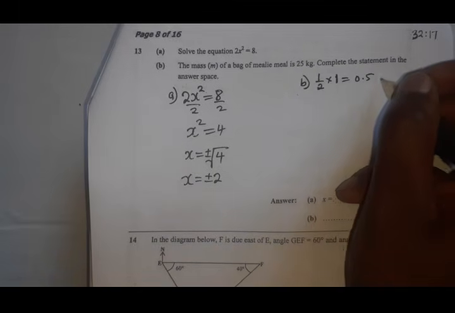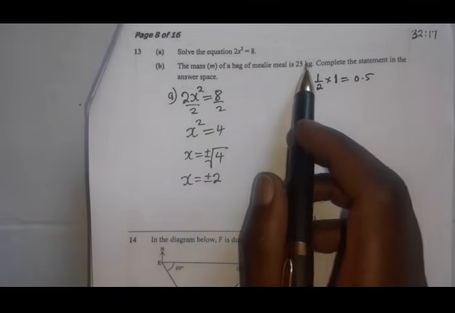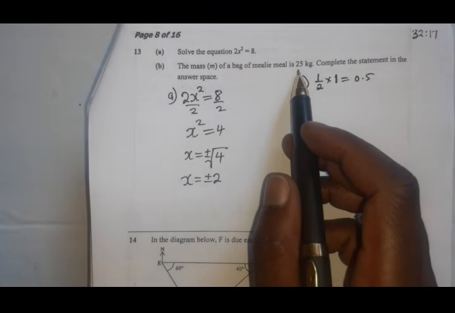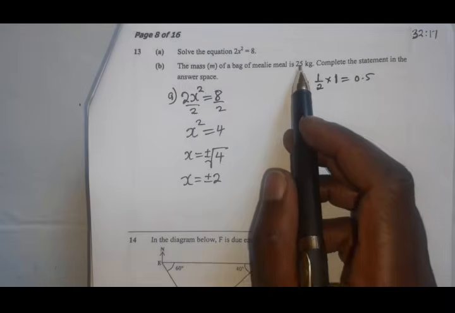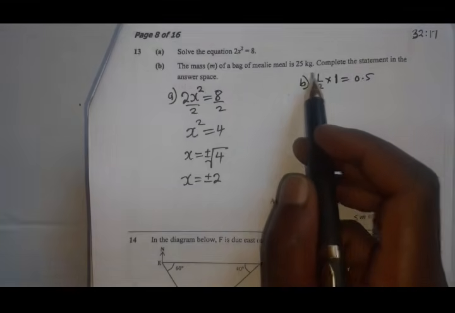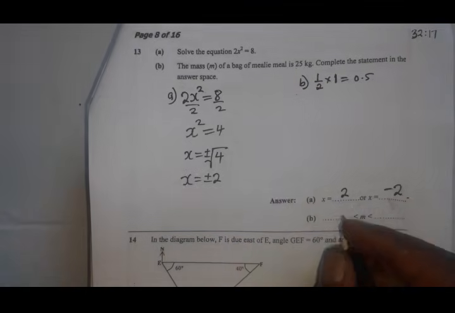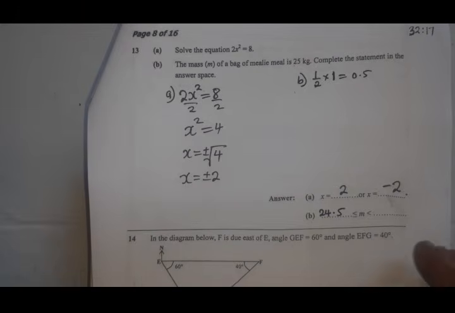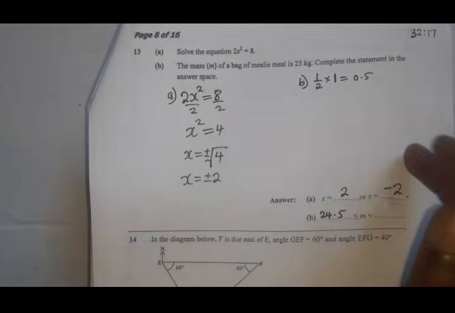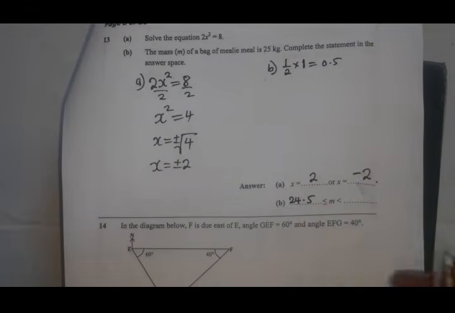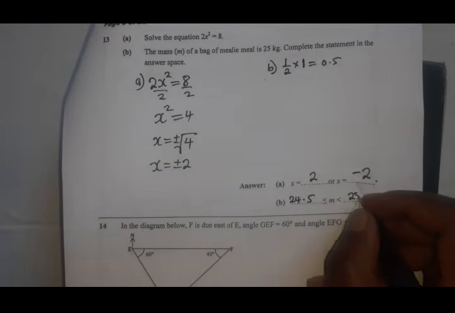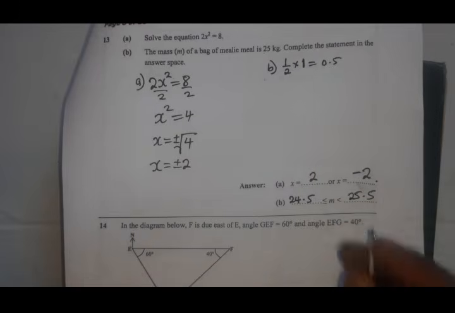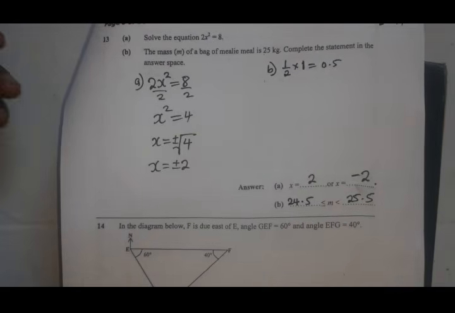So this 0.5, we need to subtract from 25 in order to get the lower limit. And when you subtract 0.5 from 25, it is going to give you what? 24.5. Then you add it to get the upper limit. When you add it, you are going to get 25.5. So this is how you are supposed to write your answers here.